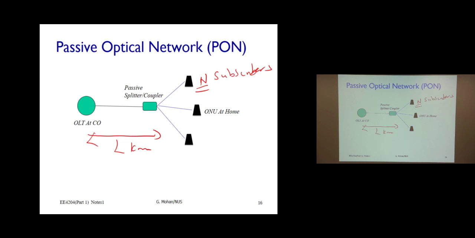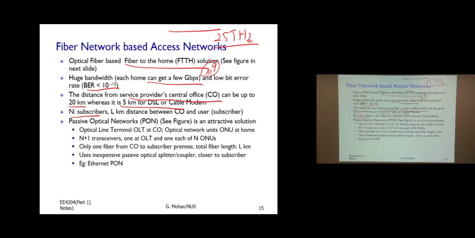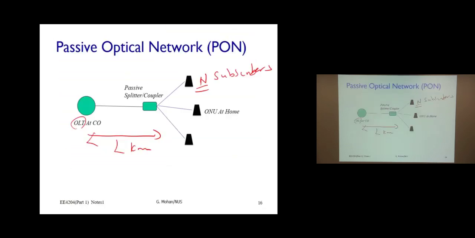There is an optical unit or element called OLT. OLT stands for optical line terminal, which is located at the central office.